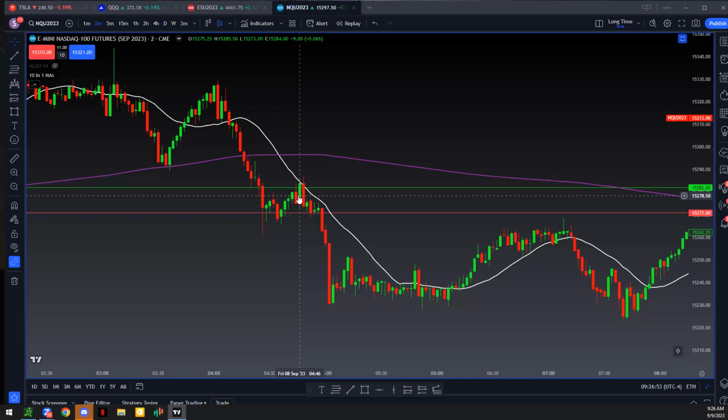I got a question. I don't know if you said this or not, and I didn't hear it. What does it mean when it crosses? I know sometimes it means something. I hear you all say when the 20 crosses the 200. Okay, so when the 20 white and the purple cross right there, it's a big indication that the momentum on the higher time frames is changing.